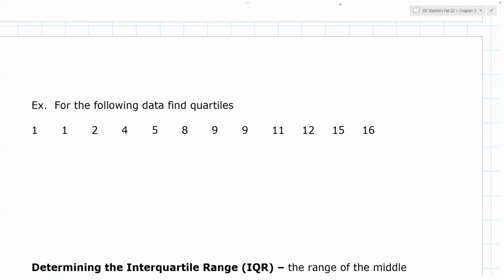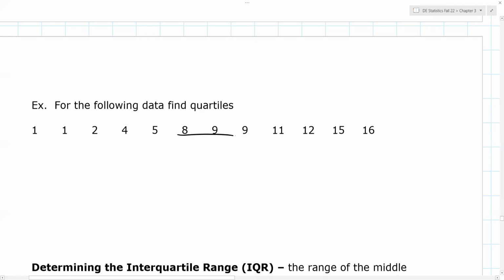All right, let's do it again. Now, this time, hopefully you've paused it and tried to find them on your own. This time it's a little bit different because our data set is even. So because our data set is even, we have to find the middle, but there's 2 middle points, and our middle is going to be in between there.